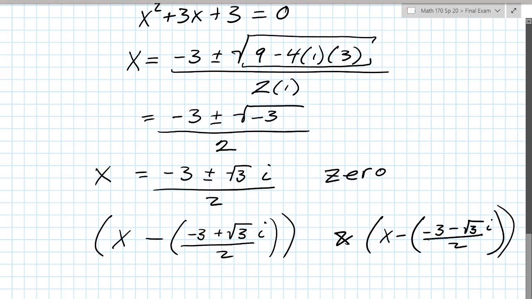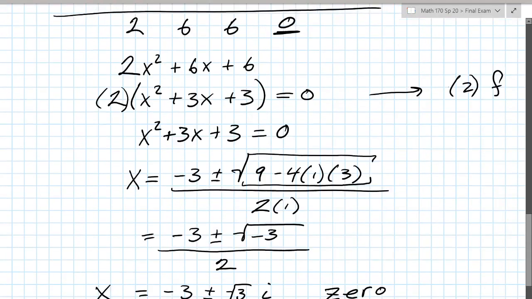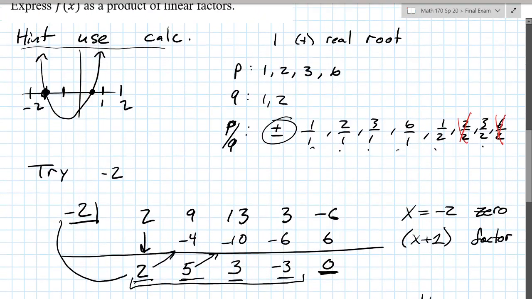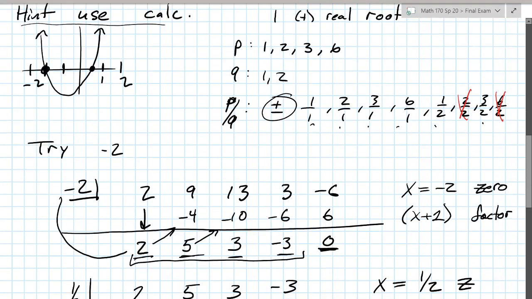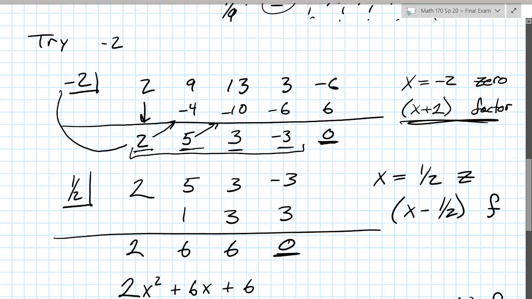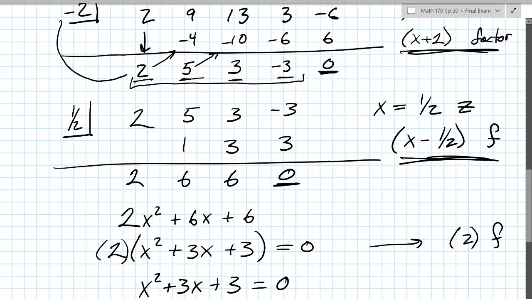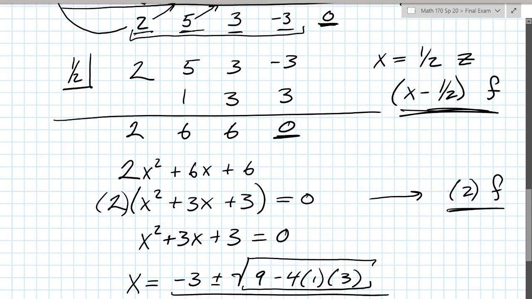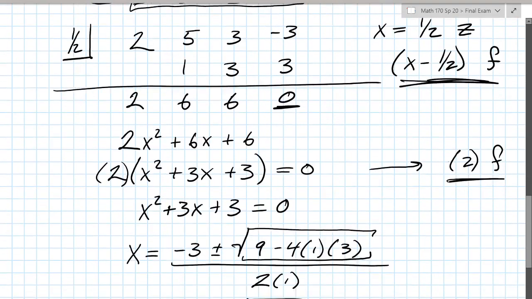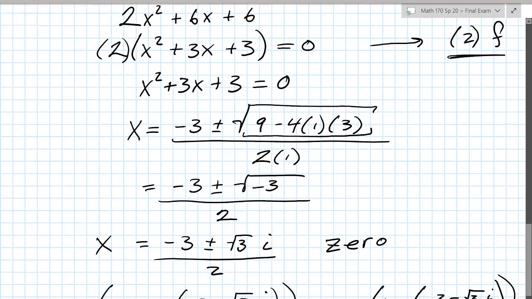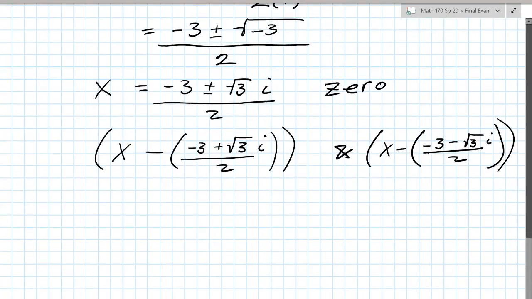Now you probably want to distribute that negative sign into this problem. So we've found all of the zeros, but let's read the question again, and it says express f as a product of linear factors. So we need to put all of our factors together and write this as a product of factors. So we have x plus 2, x minus 1/2, we have a 2, and then we have these two things.